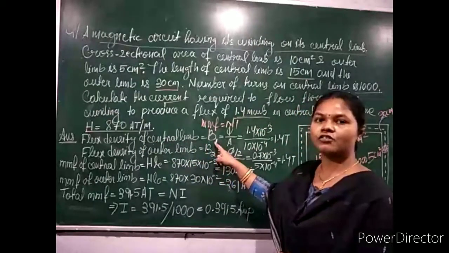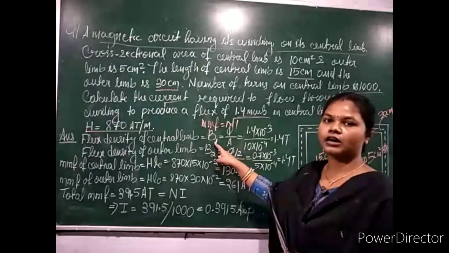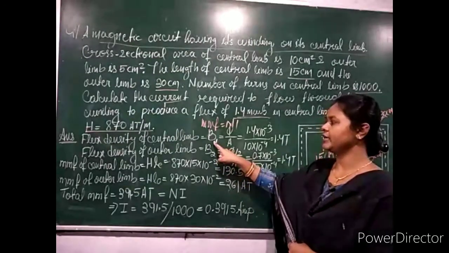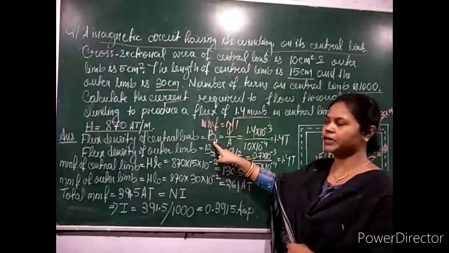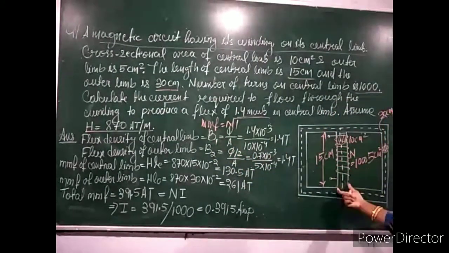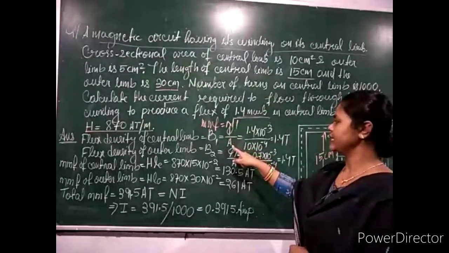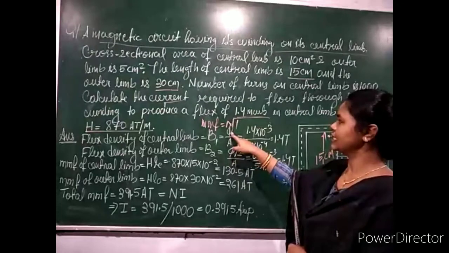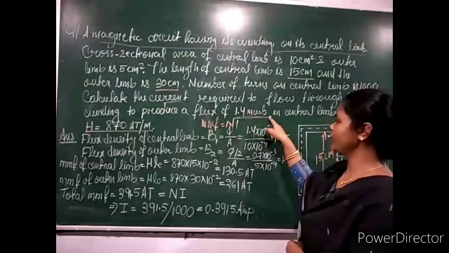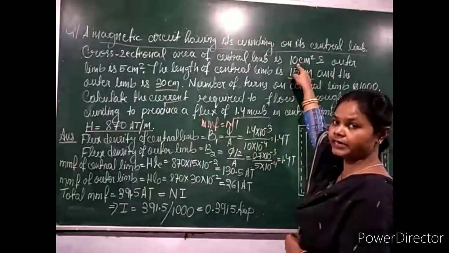You know that flux density is the ratio of flux to cross-sectional area. So flux density B1, here I take B1 for this central limb, is equal to total flux by its area. Flux of the central limb is given as 1.4 milliweber and cross-sectional area is 10 centimeter square.